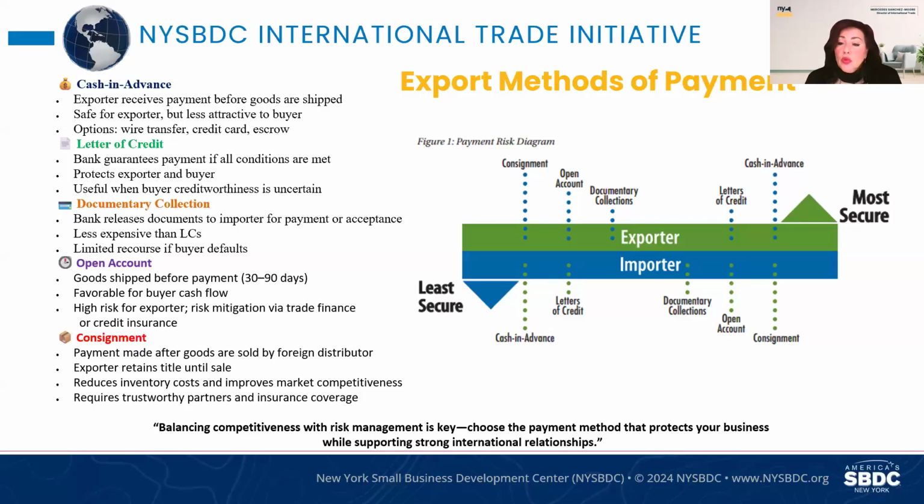As the exporter, you are still the owner of the goods, you retain title, and it reduces inventory cost and improves market competitiveness because you get the goods already to the market that you are trying to penetrate. It requires trustworthy partners and insurance coverage. Again, insurance is super important, and having also a very good contract and agreement that you can enforce.